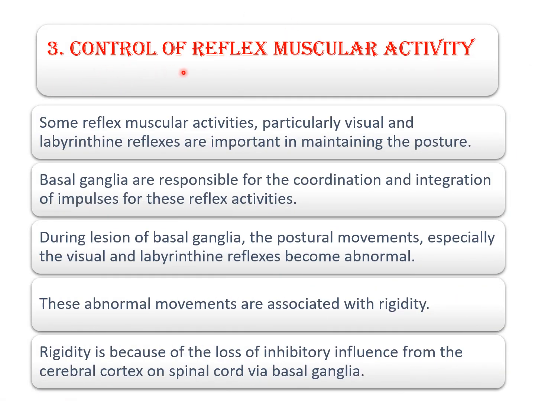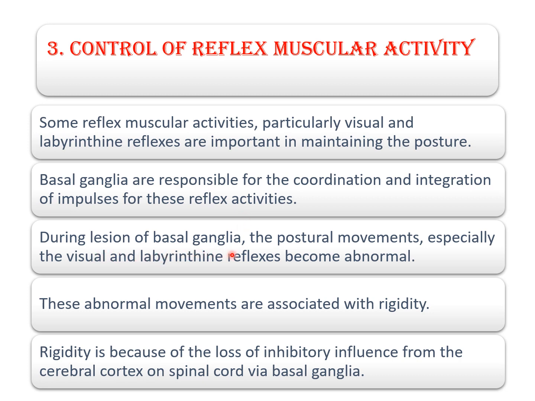Then the control of reflex muscular activity. Some reflex muscular activities, particularly visual and labyrinthine reflexes, are important in maintaining the posture. Basal ganglia are responsible for the coordination and integration of the impulses for these reflex activities.